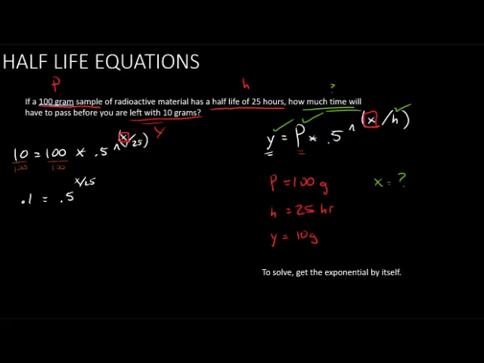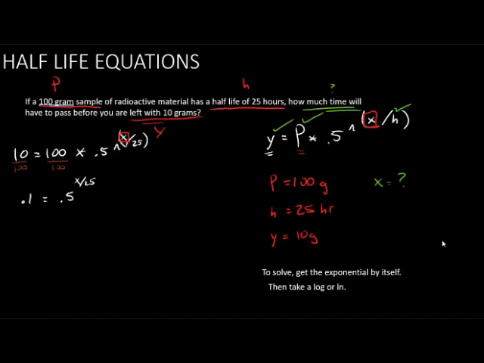Now, since we have the exponential by itself, the way we solve an exponential equation is by taking a log. Since we don't have a base of e in this problem, we can use either a log or a common log. It won't make very much difference which one.